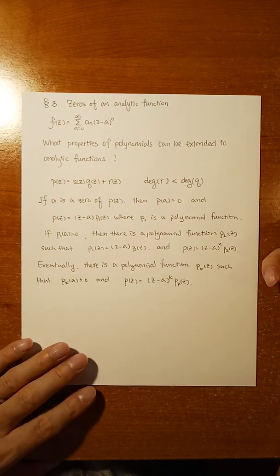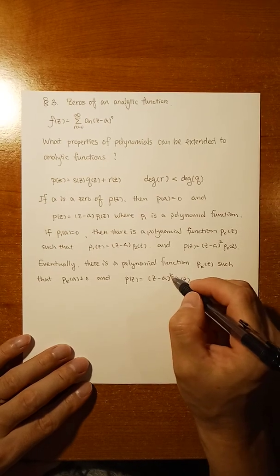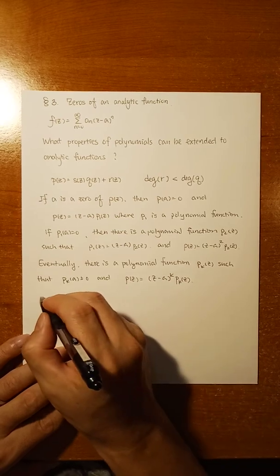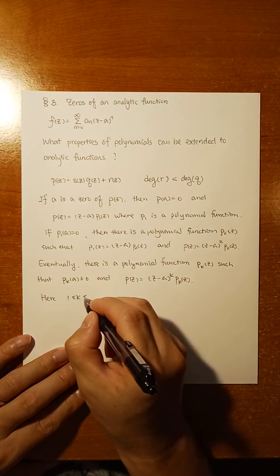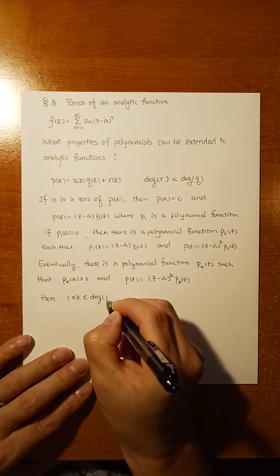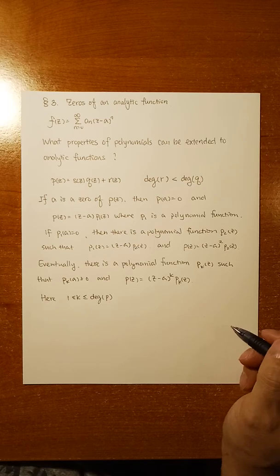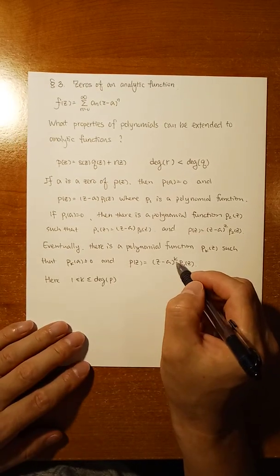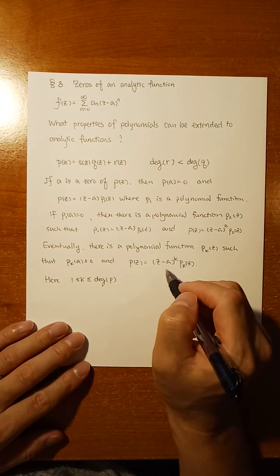You can't push further. And here k should be greater than or equal to 1 and less than or equal to the degree of the original polynomial P. All right, and you can say this is the multiplicity of the zero A.